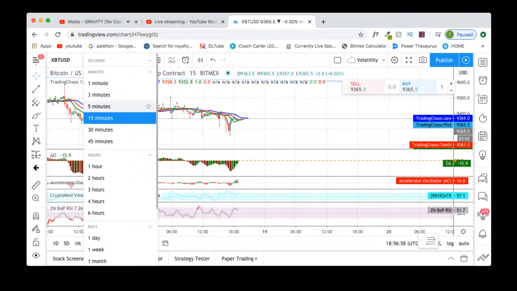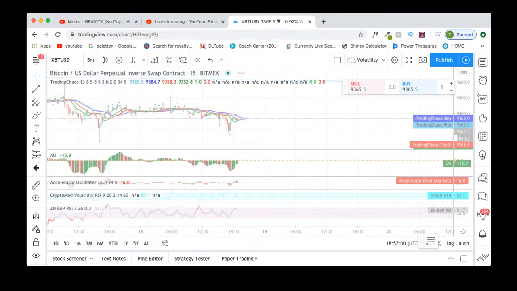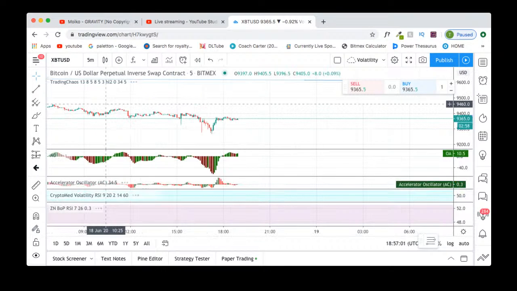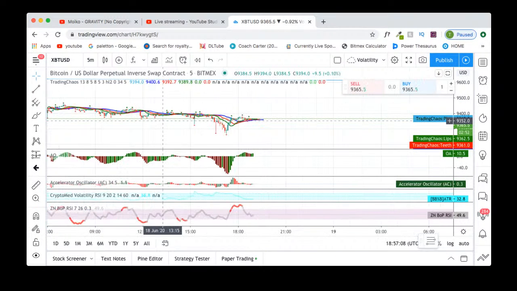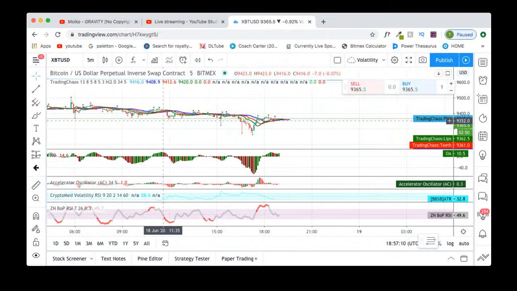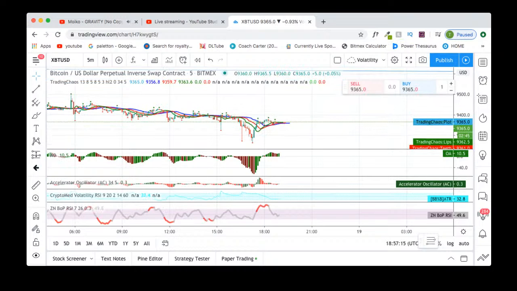Let's look at the 5-minute chart. Five-minute chart, we had a wave 3 down. That was what we were looking at on the 1 hour.